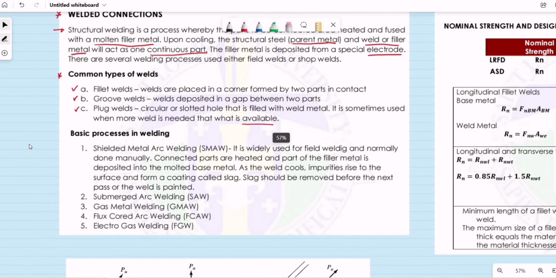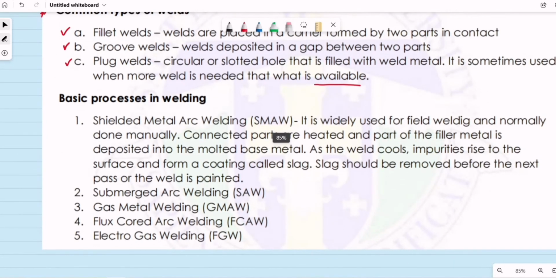So we have the basic processes in welding. Number one, I think the most popular one, the shielded metal arc welding. It is widely used for field welding and normally done manually.